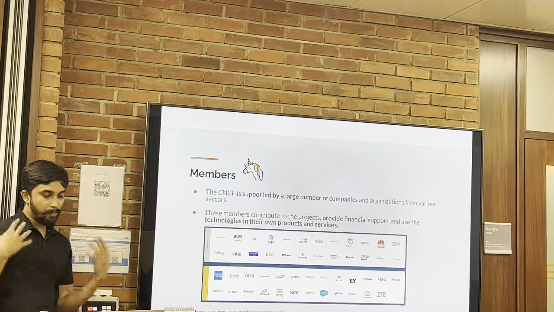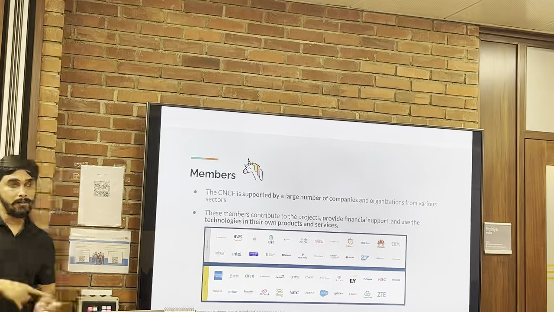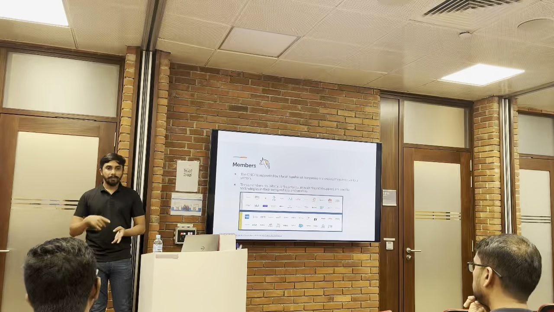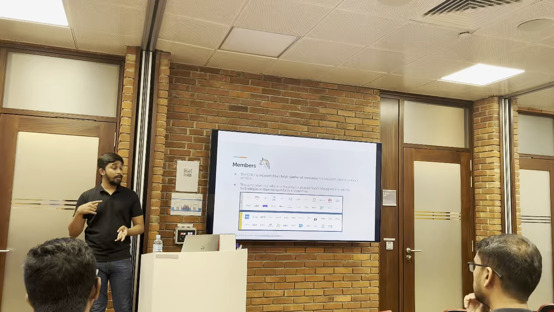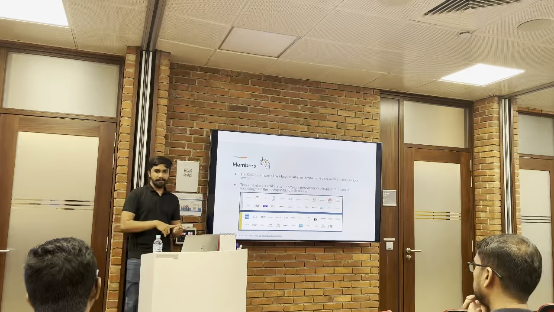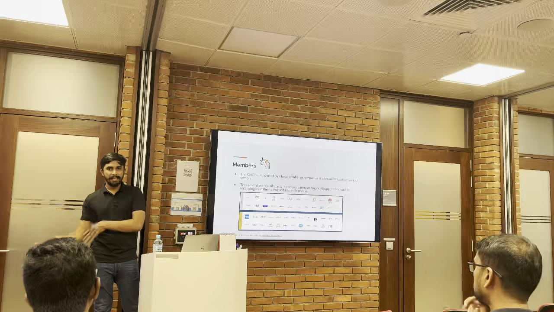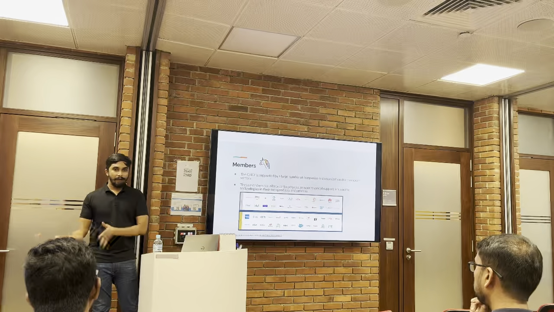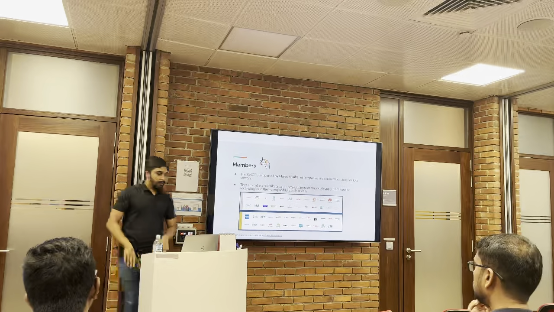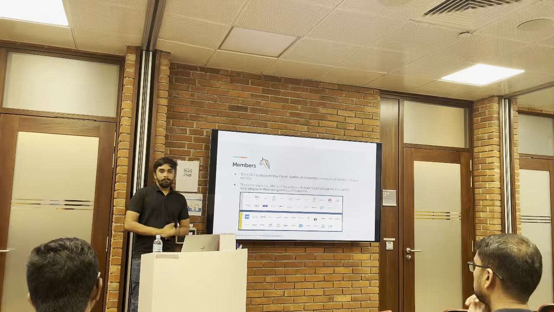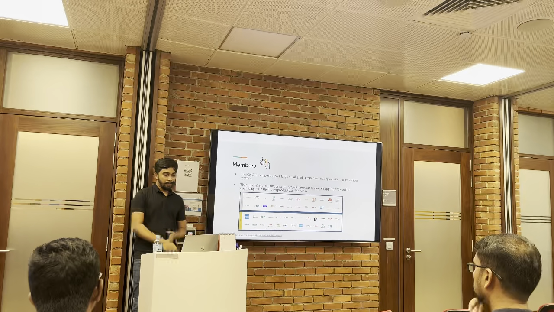For example, in Azure there is something called AKS, Azure Kubernetes Service, and in AWS there is EKS. IBM has their own version of Kubernetes too, and all of them support these tools for Kubernetes.